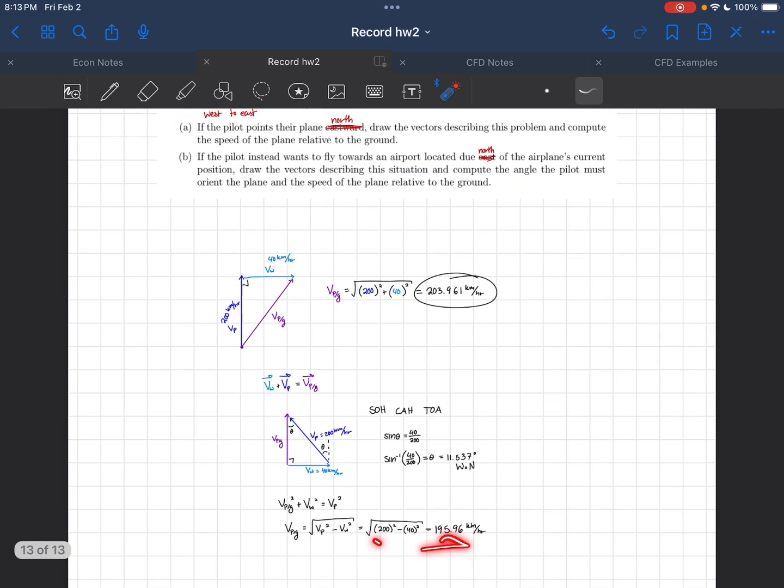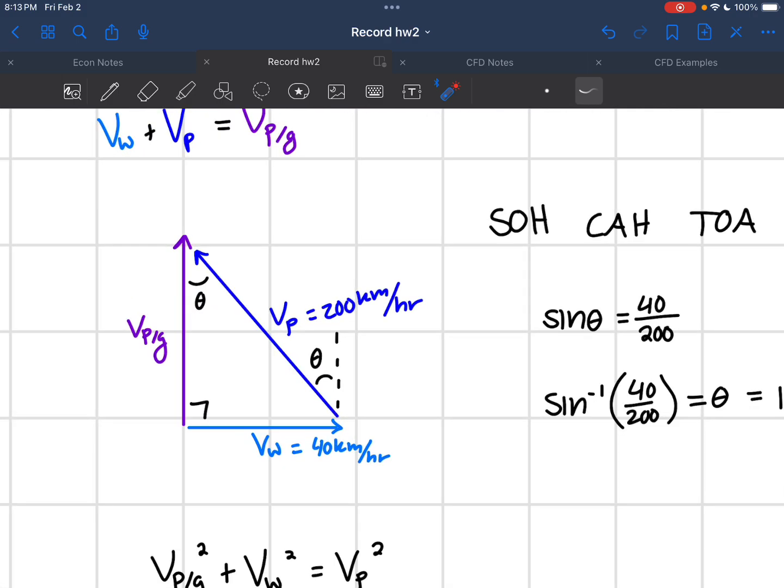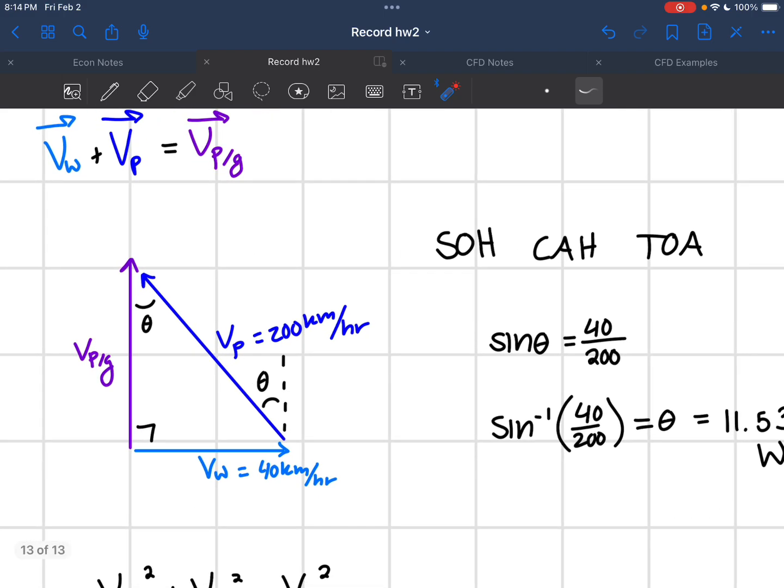And I want to think to myself again, does this make sense? Does it make sense that it's less than the 200 that I started with? This time, it does make sense, because now not only am I trying to fly north, but I'm trying to counteract the wind. So I'm countering the wind while also giving us that northern heading.